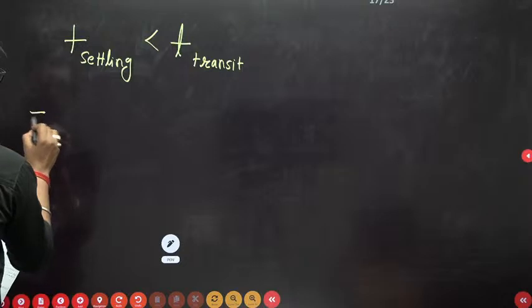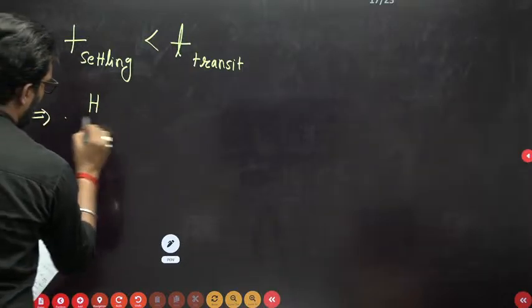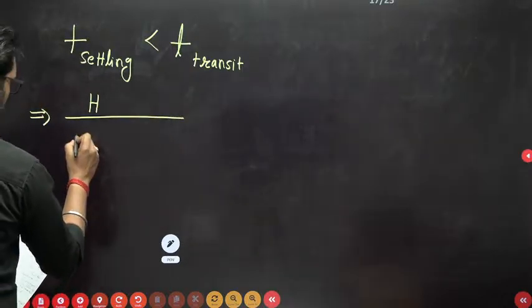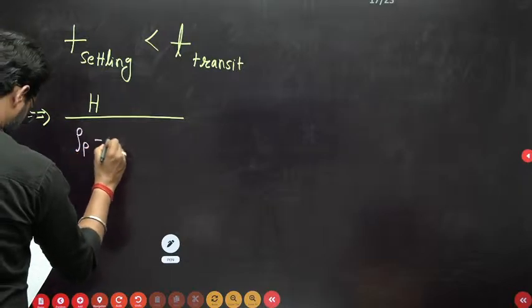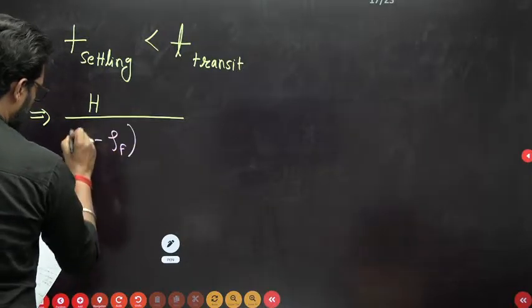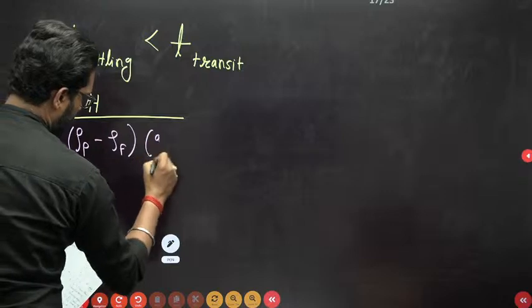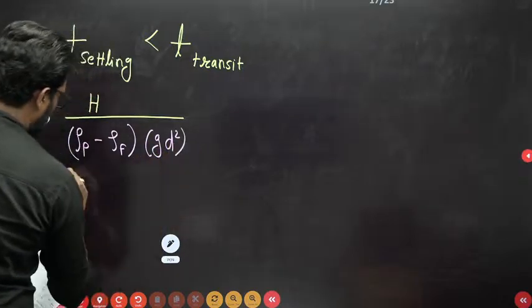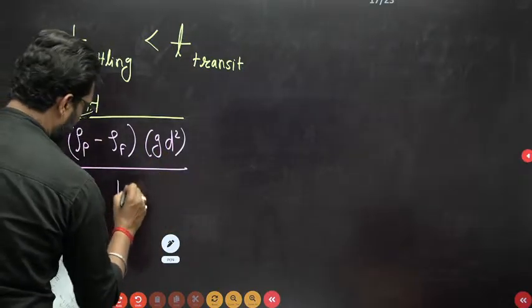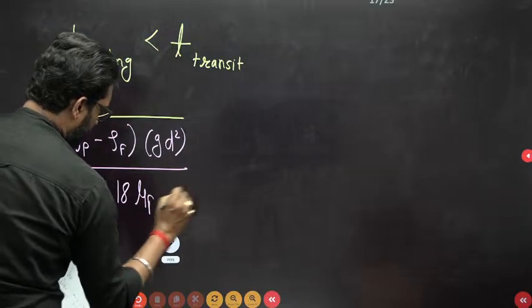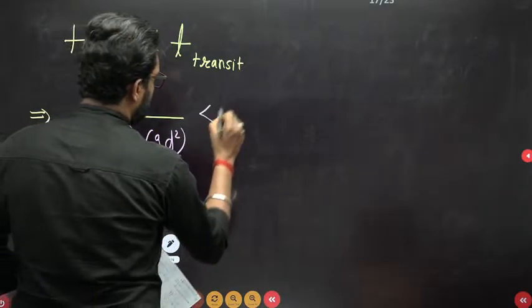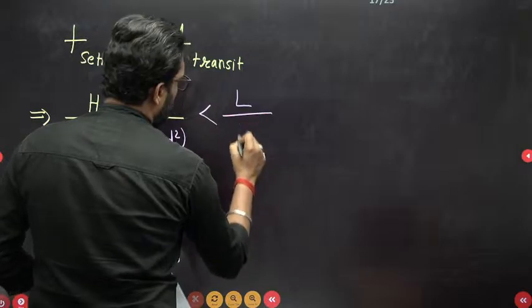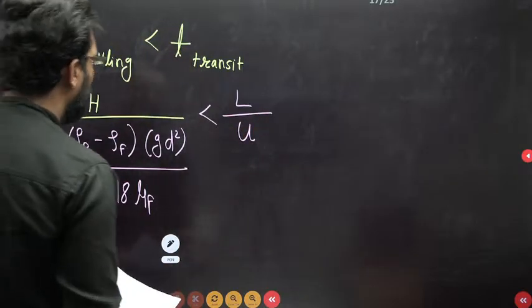Rearrange this one: H divided by U terminal, with density of the particle minus density of the fluid, g d square divided by 18 mu f, is less than L by U. U is the transit.